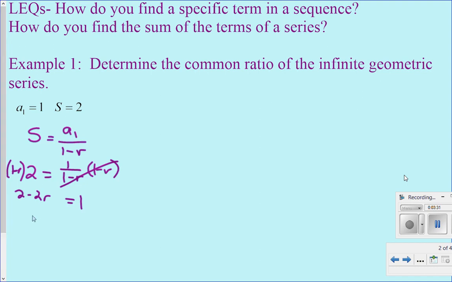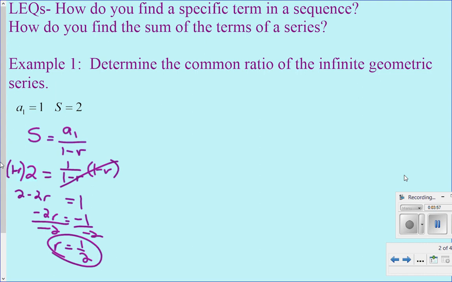Subtracting 2 from both sides gives me -1 equals -2r. Dividing both sides by -2 gives me r is equal to 1/2. So that is the r value, which is what the question asked for. And that makes sense, right? Because the absolute value of 1/2 is 1/2, and 1/2 is less than 1, which means this series would converge to a sum. And that's what we got. It converges to a sum.